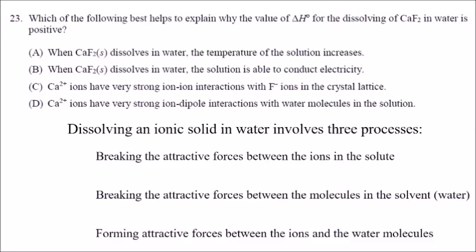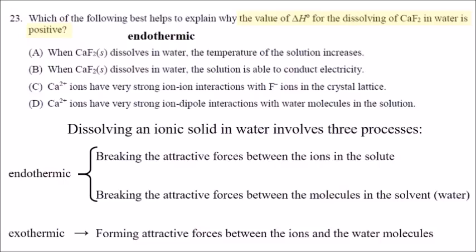And then forming the ion dipole forces, the attractive forces between the solute and the solvent, well, that's going to be exothermic. And since the delta H for the dissolving of calcium fluoride in water is positive, we are looking for an endothermic process. So choice A talks about the temperature of the solution increasing.